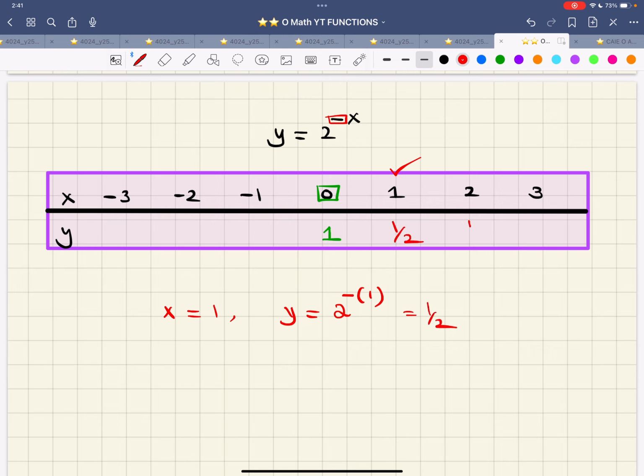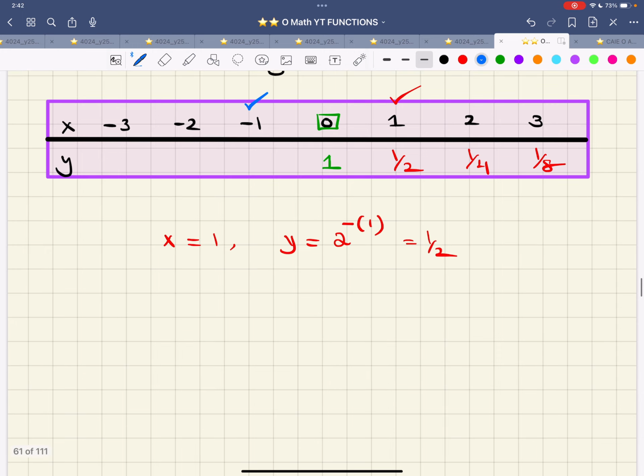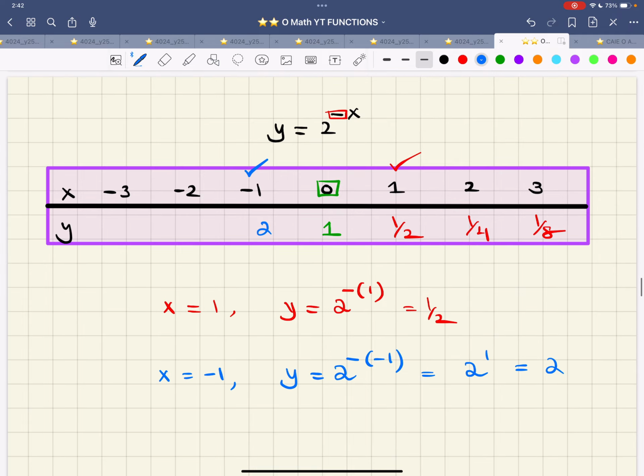So this is half, this is 1/4, this is 1 over 8. Similarly, if I plug in negative 1, so x is negative 1, y is 2 raised to the power of negative 1, which is 2 raised to the power of 1, which is 2. So we get a 2, we get a 4, we get an 8.